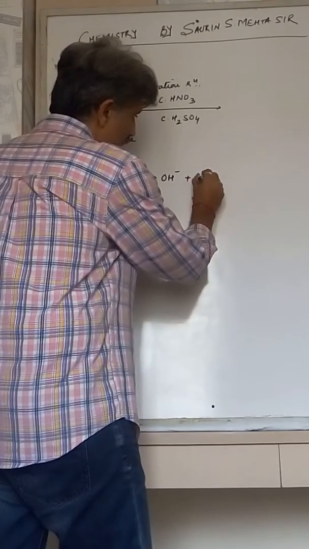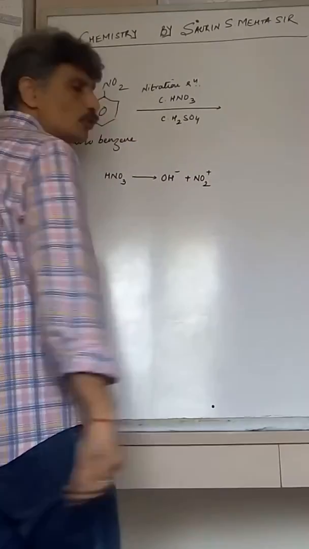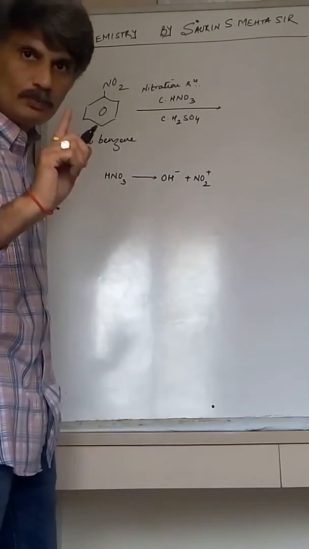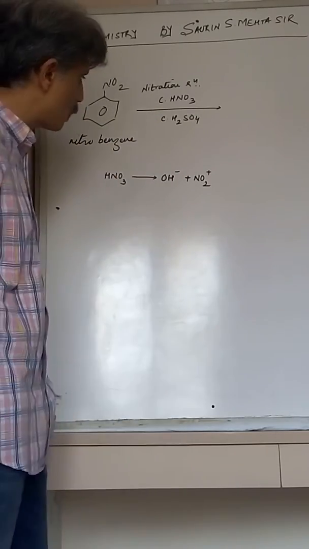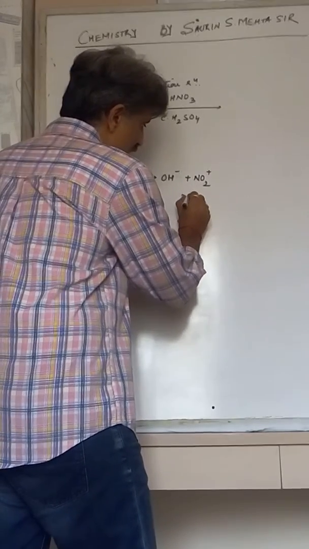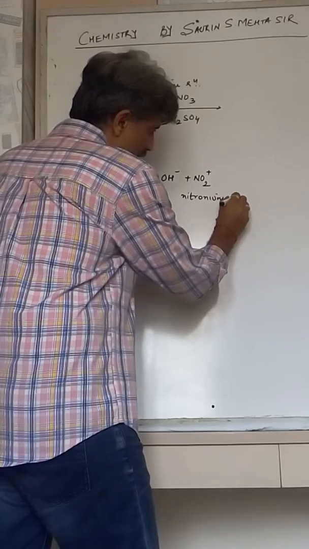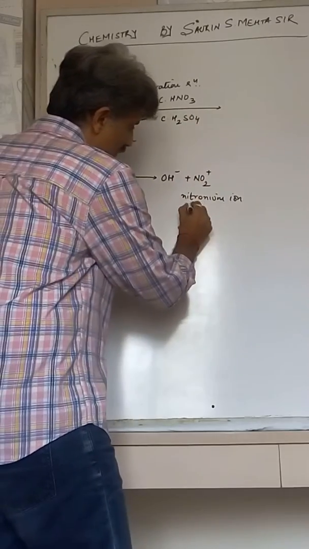And as a result, NO2 plus will be formed. We talked in the last episode that NO2 plus is an electrophile. It is also known as a nitronium ion, and it is an electrophile.